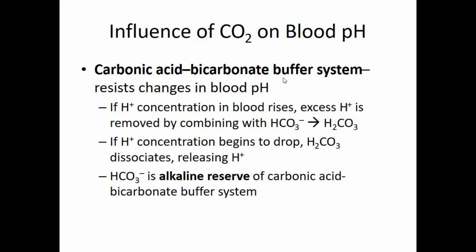And so what we'll do to resist that is that as we get more acidic, right, we end up forming more carbonic acid. As the blood gets more basic, we end up forming more bicarbonate, right? Just by exchanging these hydrogen ions with either bicarbonate or carbonic acid.